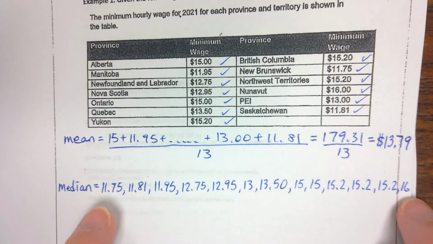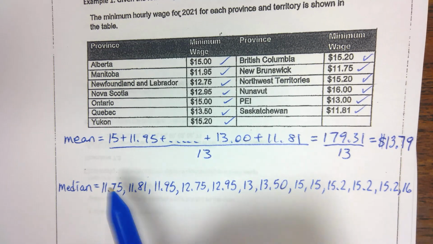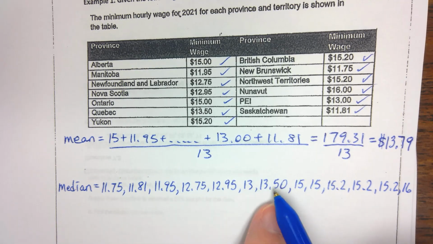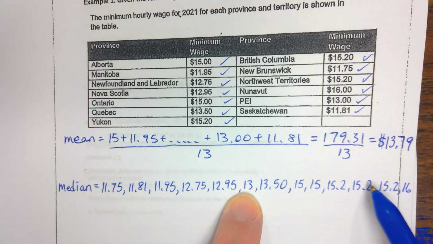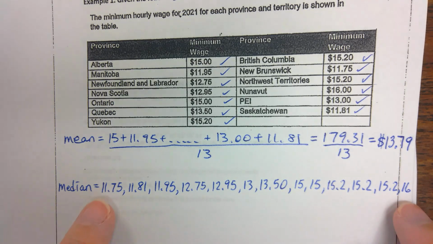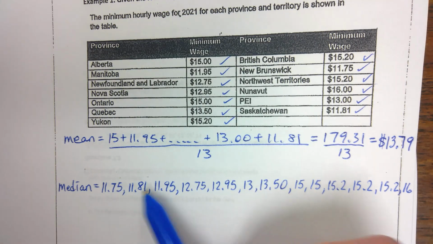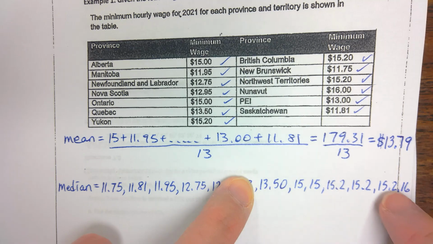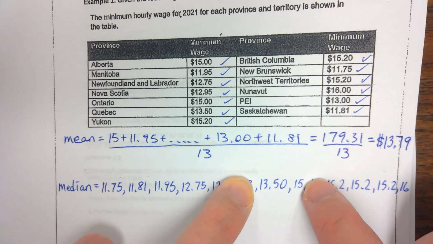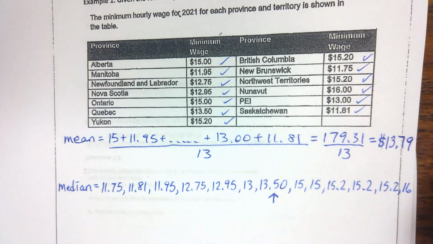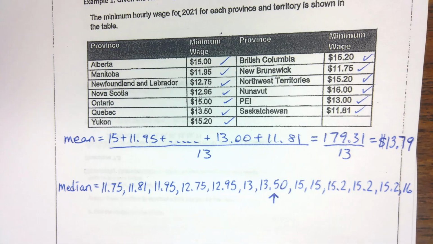Okay, and then now I'm just choosing the middle. So 1, 2, 3, 4, 5, 6. 1, 2, 3, 4, 5, 6. So my middle number is 13.50.